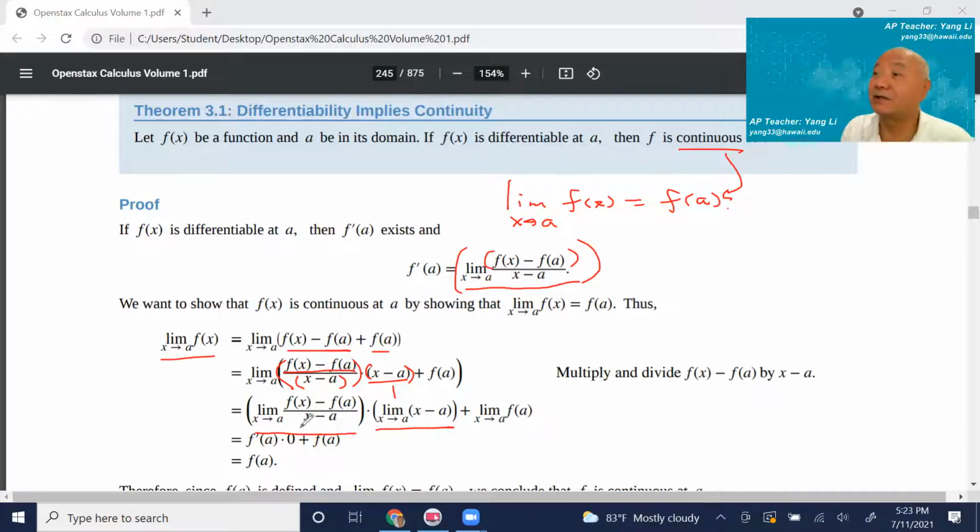This is the property of limits: for the limit of a product, you can take the limit of each factor and multiply them, and the same thing with addition. So you got this.